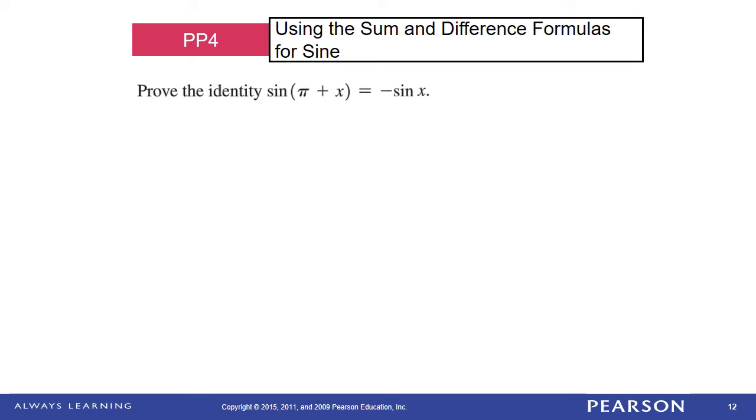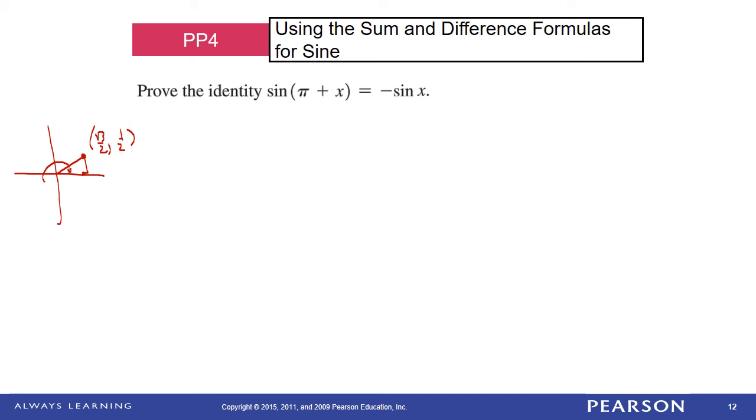Alright, because it's sine of pi plus x, we might as well write down the formula for the sum, the formula for sine. Using pi as our first angle, using x as our second angle. And if you want to, you can go back over here on the unit circle. And really what you're saying is this. If I have sine of x, let's say it's right over here, say it's like 30 degrees here.